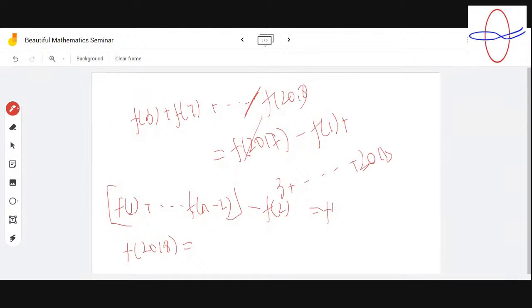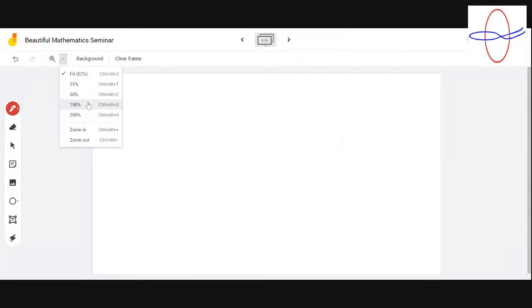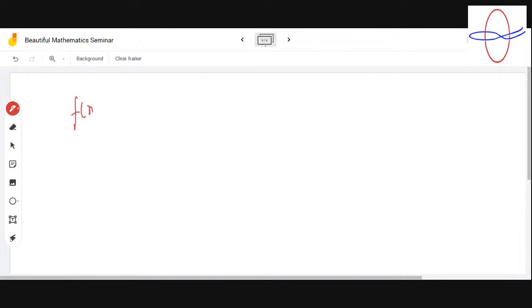That is f of n. So we are getting that f of n is equal to f1 plus f2 plus dot dot dot f of n minus 2, this minus f of 2.